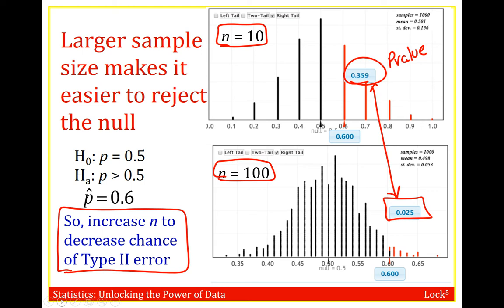I increased n. Look what happened. When I increased n, my data went outward, and the data statistic stayed exactly the same. It was a 0.6 and it was a 0.6. Nothing changed the data point. But over here, I rejected. Over here, I did not reject. I did not reject on the first, with a small n size. But when I increased that n value, I did reject. Remember the type 2 failure to reject.